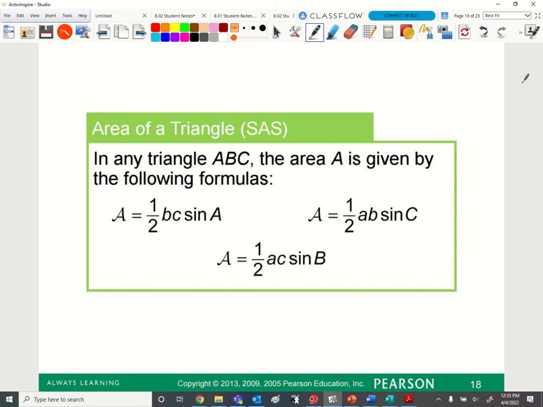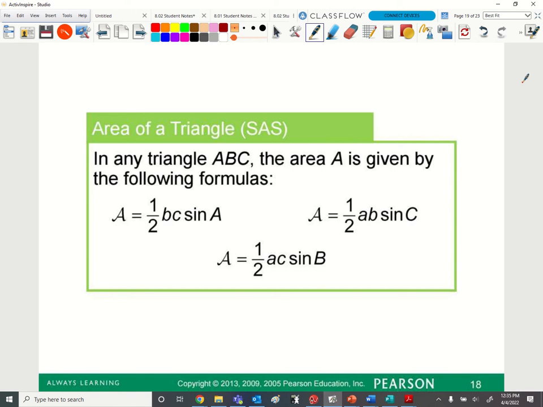So there's three different versions here, because it depends on the angle that's given to you. You notice right here we have big A, but it has little b and little c. Yes? This next one over here is big C, but then I have little a, little b.